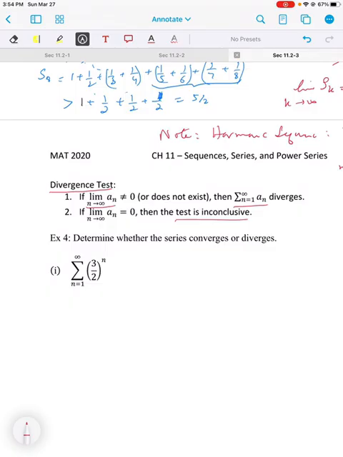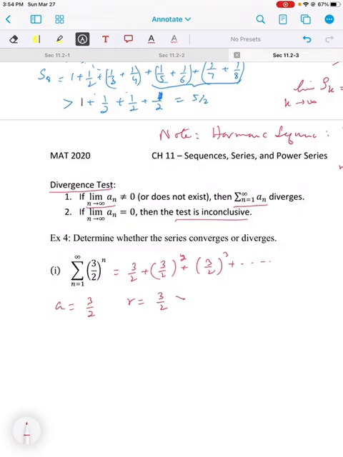Well, again, look at this first example. You can notice that this is actually a geometric series, because we can write it as 3/2 plus (3/2) to the 2 plus (3/2) to the third plus dot dot dot. So you can notice that a is 3/2 and r is also 3/2.